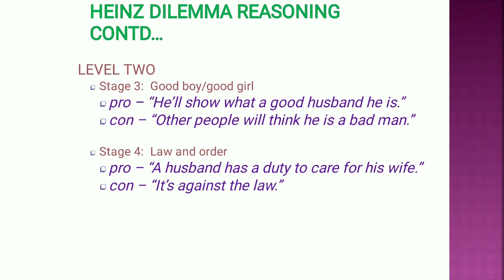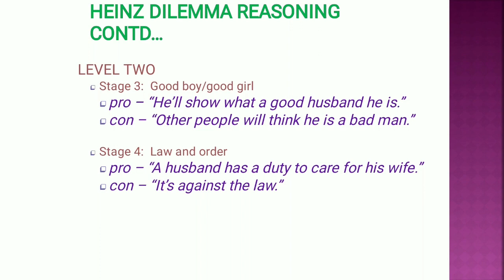Level 2 covers stage 3 and stage 4. Stage 3 is good boy, good girl. Pro: he will show that he is a good husband, and other people will think he is a bad man if he doesn't do it. Stage 4: pro means a husband has a duty to care for his wife according to law and order.